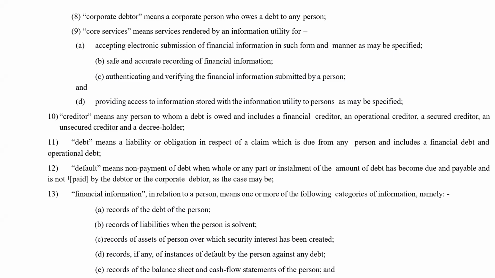There is an employee and that employee has rendered services to the company. So he has a right to claim. But if that amount is due, only then it will be covered under debt. If that amount is not yet due, then it will be covered under claim only. And if there is a non-payment of debt, then it will be covered under default.